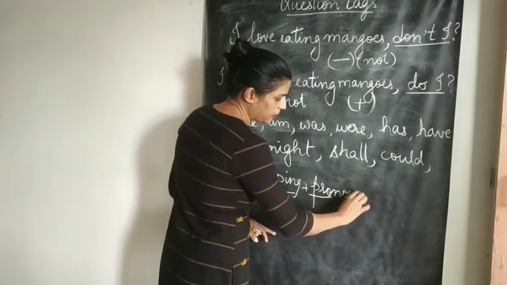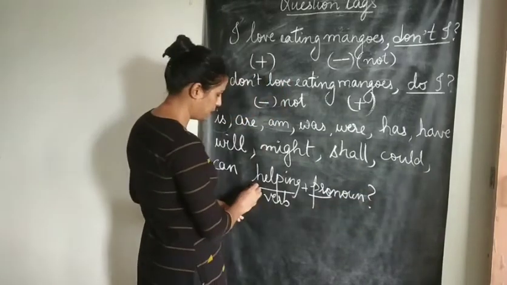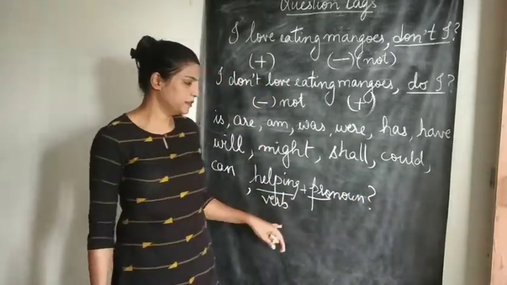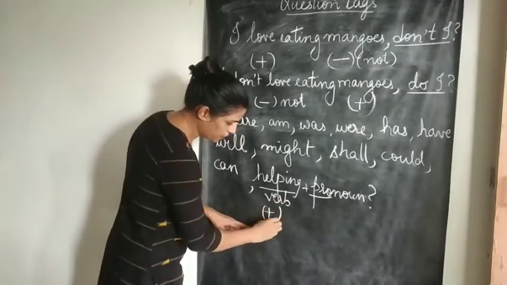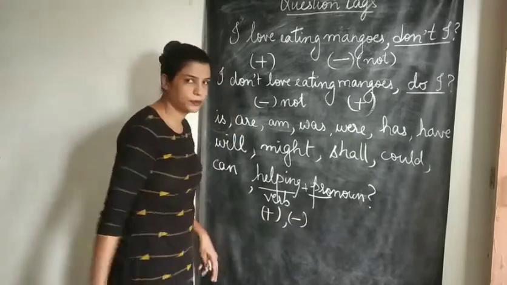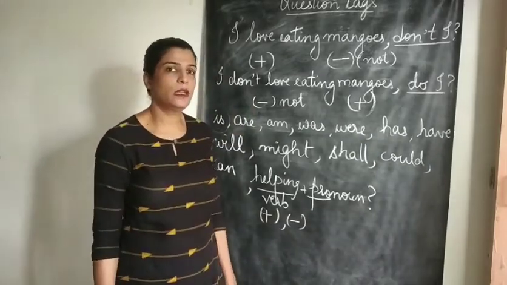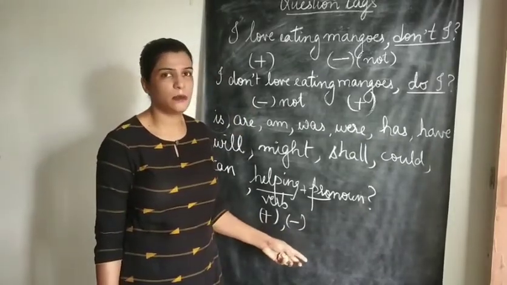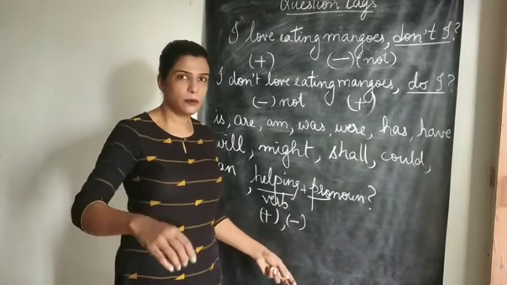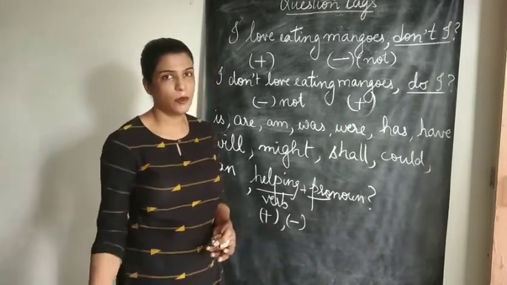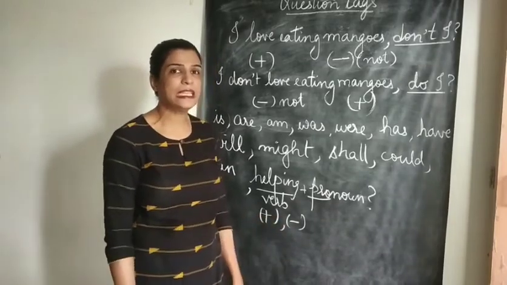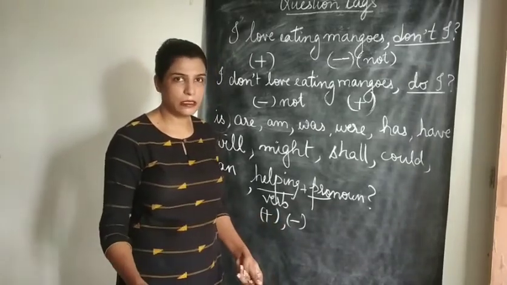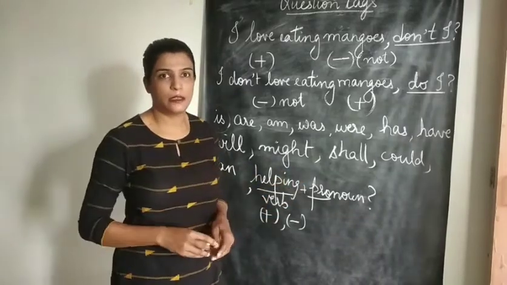Do put the question mark, that's a compulsory part over here, and the comma at the front. Helping verb with the pronoun. Now this can be either positive or negative based on the statement's combination. If the statement is negative, the question tag will be positive, and if the statement is positive, the question tag will be negative. There are some special cases which I will be teaching you right now.